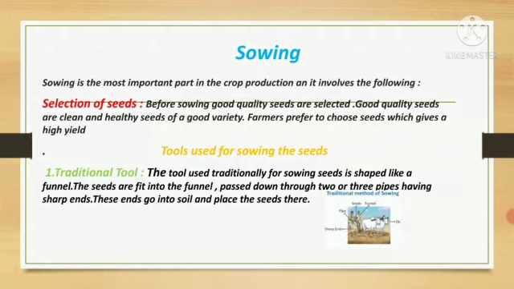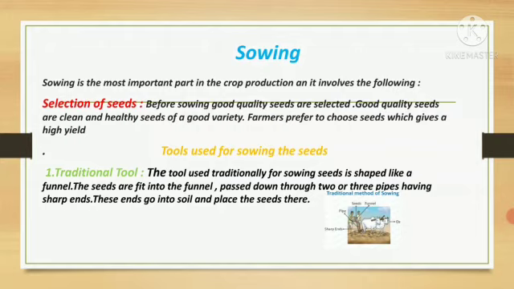Farmers prefer to choose seeds which give a high yield. So first of all, we have to select the seeds. We have to select the good quality and healthy seeds so that we can have a high yield of our crop. We select good quality and healthy seeds so that we get a greater amount of crop yield.